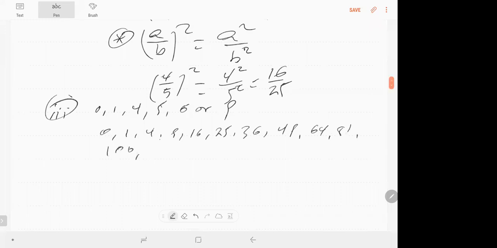You can check all the square numbers. If you see the units digits of these numbers, they are 0, 1, 4, 5, 6, or 9. Is that clear? Yes.